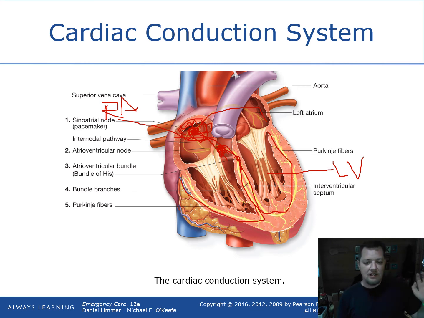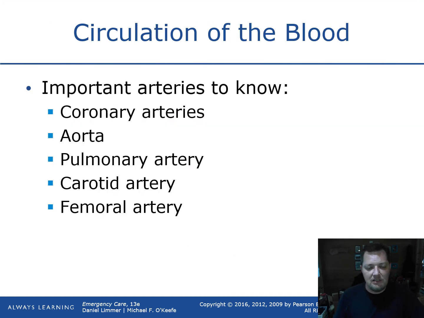Okay? So, again, we'll go into it a little bit more when we get into cardiology. Not much. We'll talk about it. We'll skim over it. And I'll show you QRSs and ECGs. So, all right. Circulation of the blood. It's important to know that the heart has coronary arteries that supply blood to the heart.